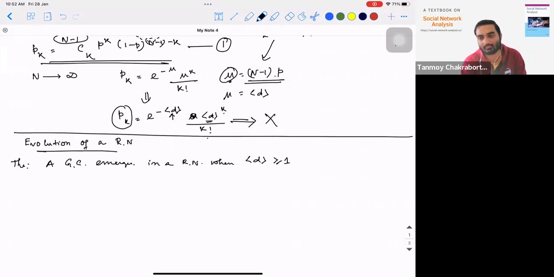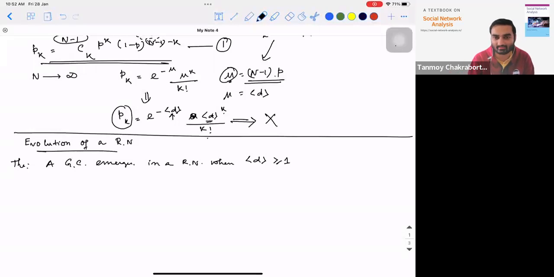This is very non-intuitive. Try to understand what it is saying. It says that you need at least degree 1 for each node to form a giant component. Now you may say that, okay, a degree 1 node is very simple, you can easily get one. But does this really imply that if, on average, nodes have degree 1, it produces a giant component?